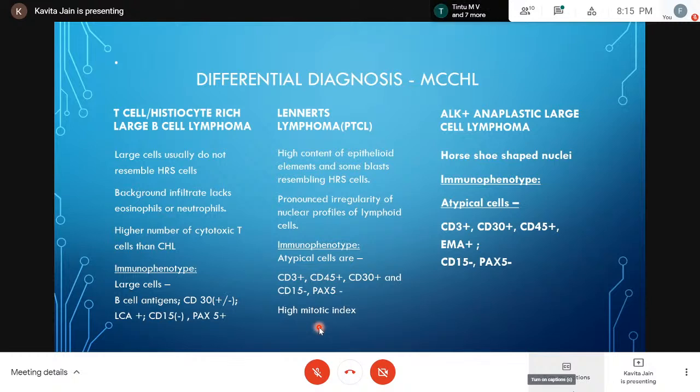So they are not dividing. So characteristically the Ki67 won't be very high. Whereas in Lennert's lymphoma or the PTCLs or other NHLs, you will have a high mitotic index. So we have ALK, again PAX5, and EMA would help us.